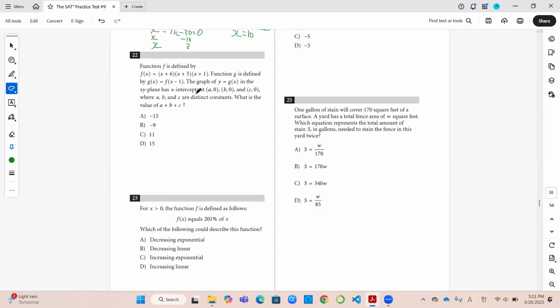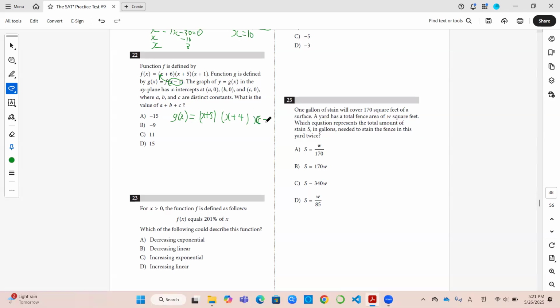Okay, so all you got to do is I'll rewrite this g function here. So g of x is equal to, so instead of x, I'm going to put x minus 1 inside here. So it becomes x plus 5, x plus 4, and x.